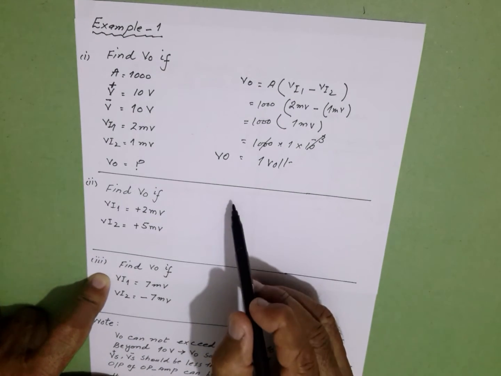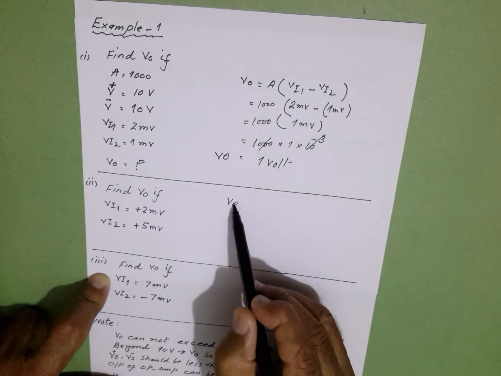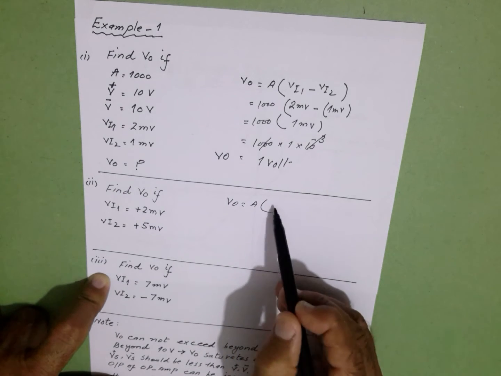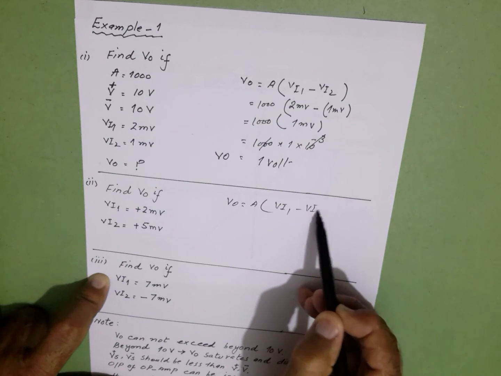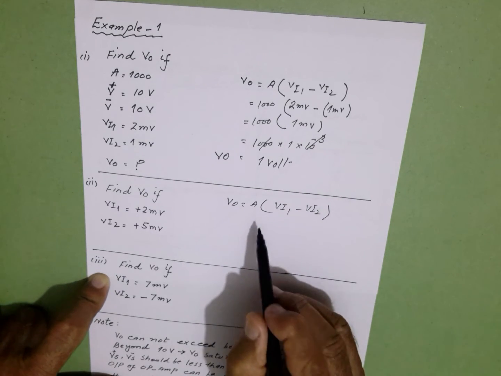In the second case, V naught equals A times (V input 1 minus V input 2). Let us put the values.